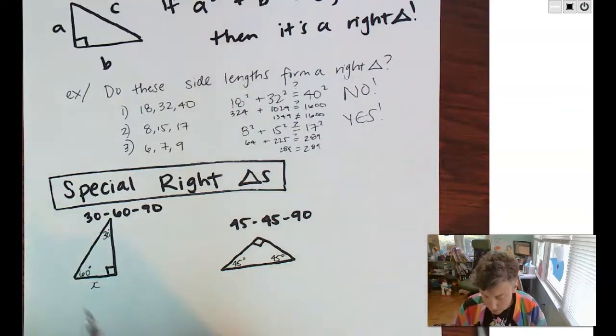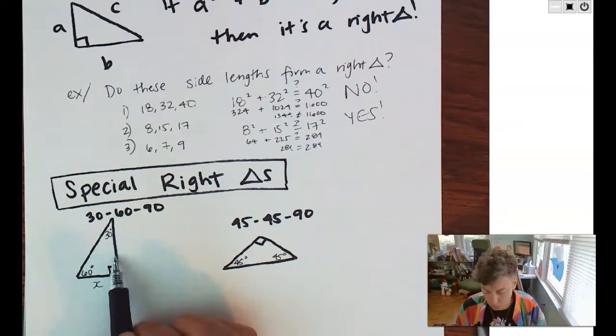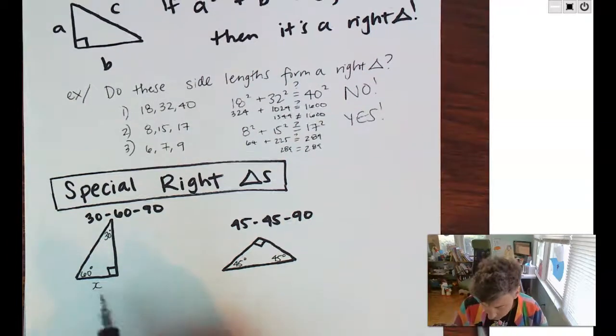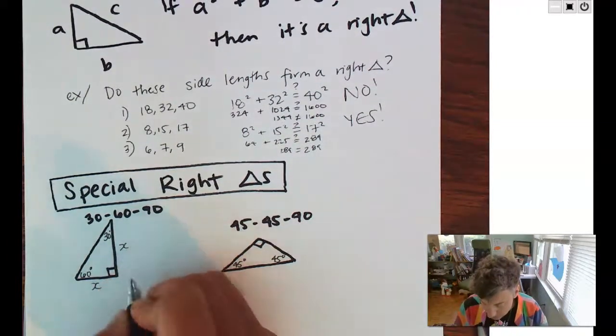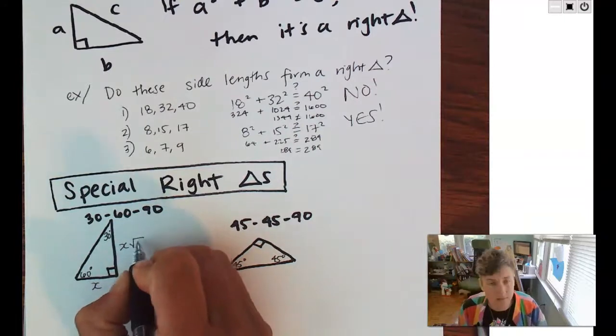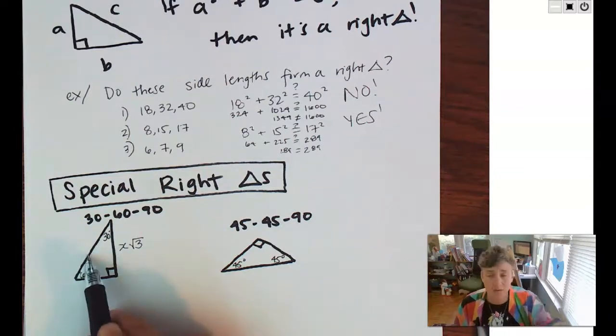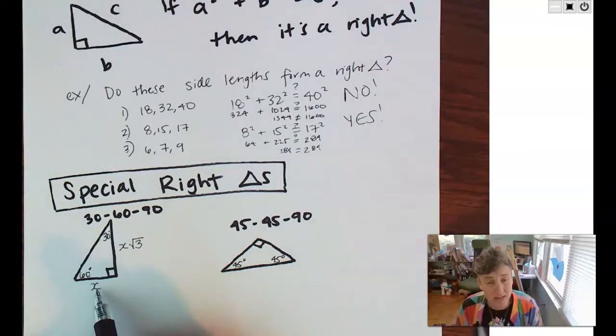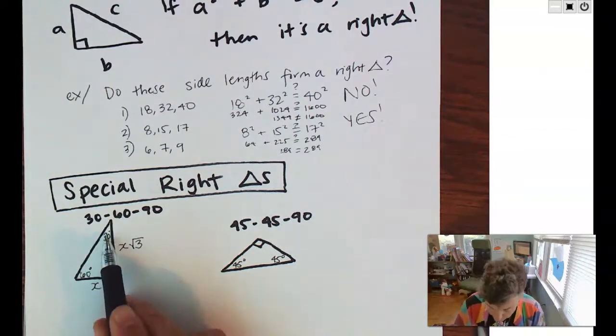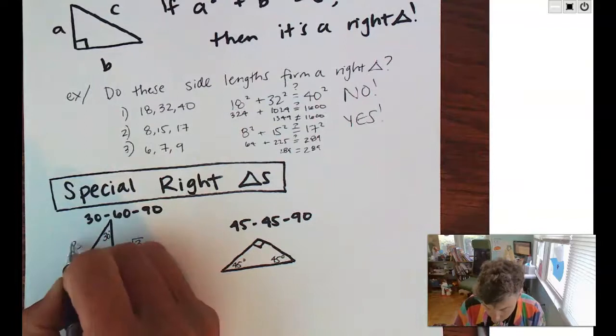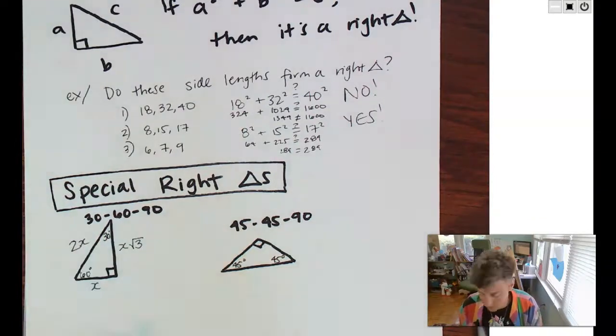The side across from the 60-degree side will be whatever that number was, times the square root of 3. And the side across from the 90-degree angle, which we know is the hypotenuse, will be 2 times that number across from the 30-degree side, so 2x.